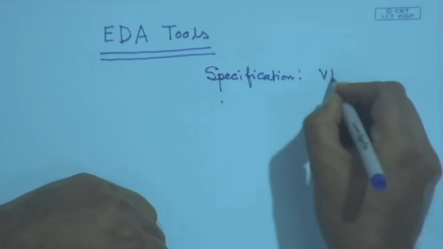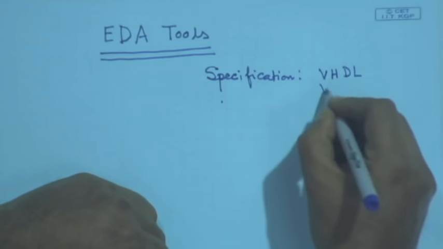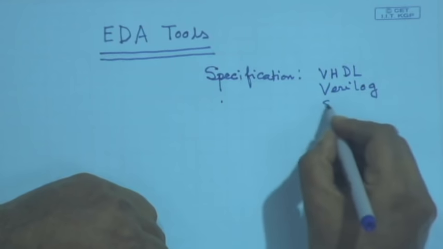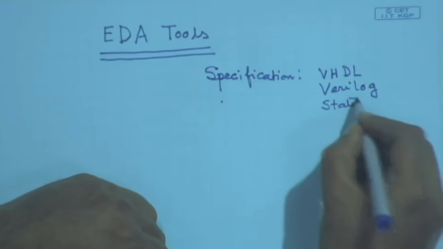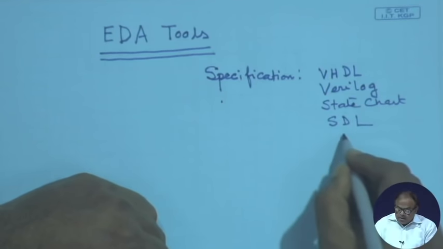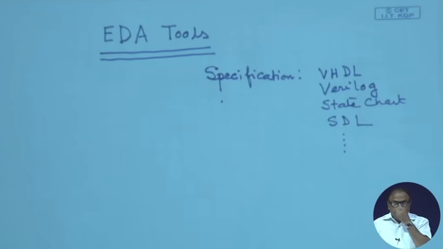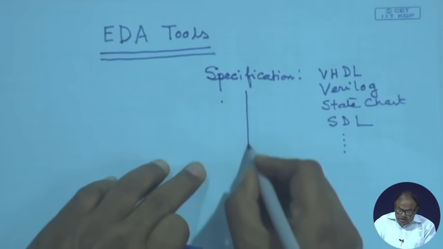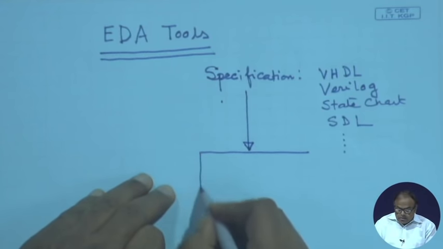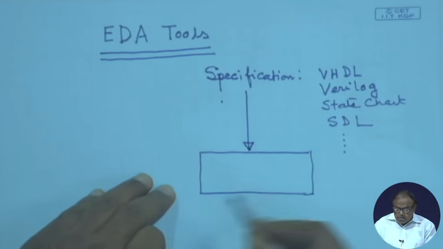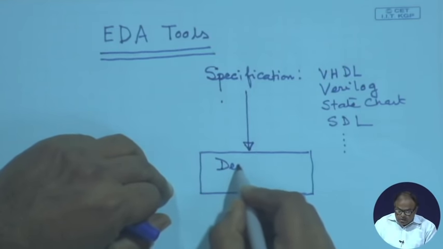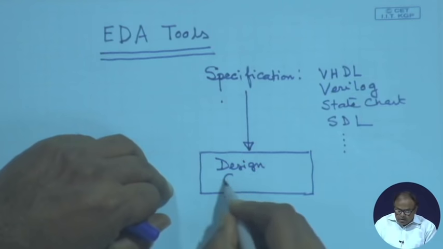We will learn some languages, but very common are VHDL, Verilog, etc. There are other languages, we will look at them, such as statechart, SDL, so on and so forth. Now, this specification is fed to a design compiler. This specification is validated, and then you can call it a design compiler.